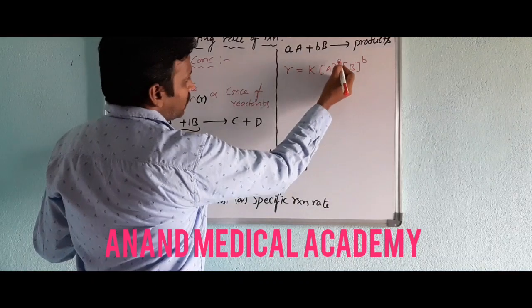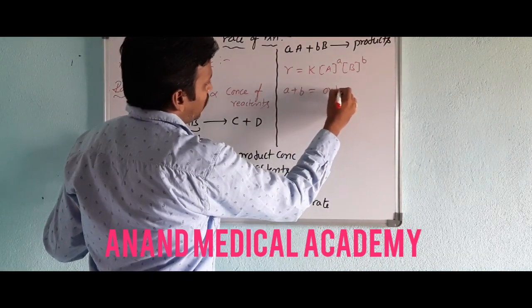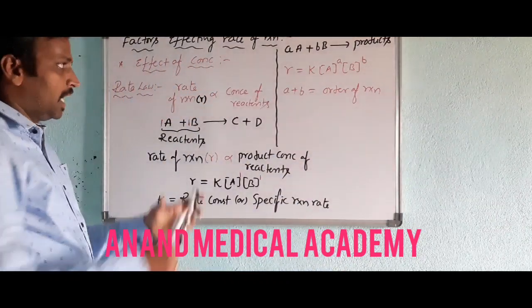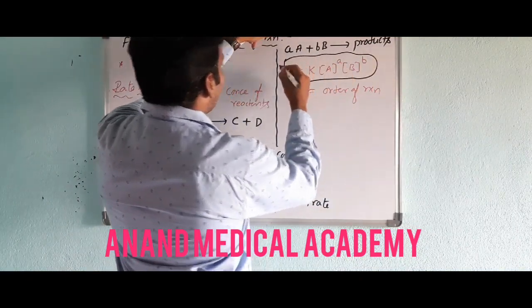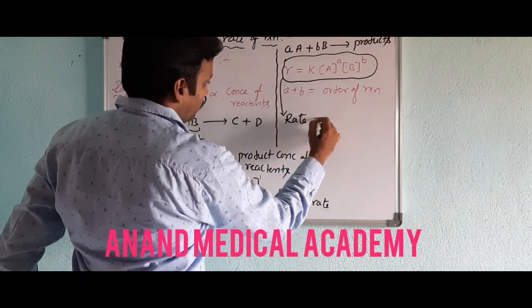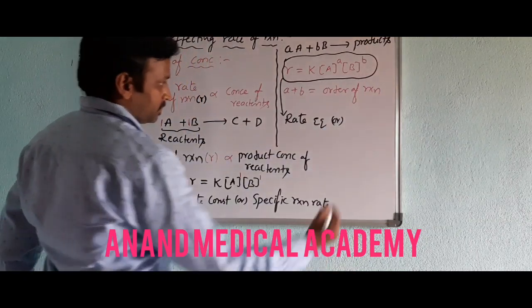Here, a plus b combined is called the order of reaction. And this is exactly called the rate law or rate equation. This equation is called the rate equation or rate law expression.